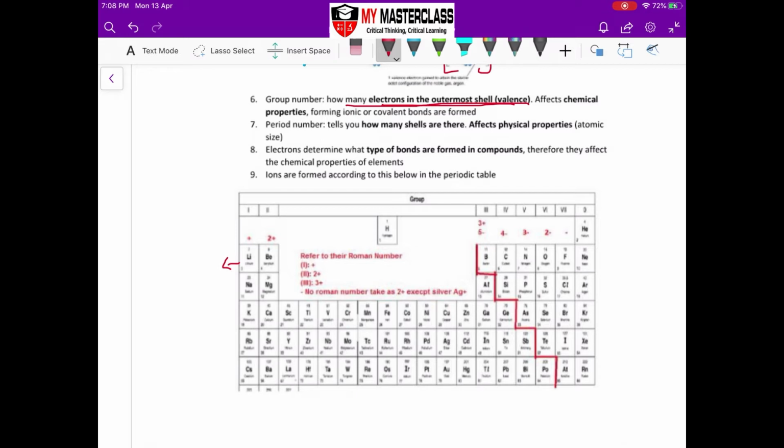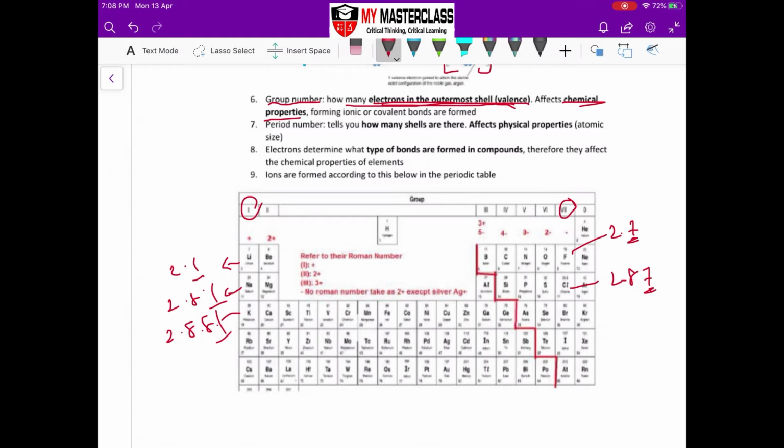This one is 2,1, this one is 2,8,1, this one is 2,8,8,1, this one is 2,8,7, group 7. So group 1, one outer electron. Group number is ultimately important, it tells us how many outer electrons there are. It will affect the chemical properties.